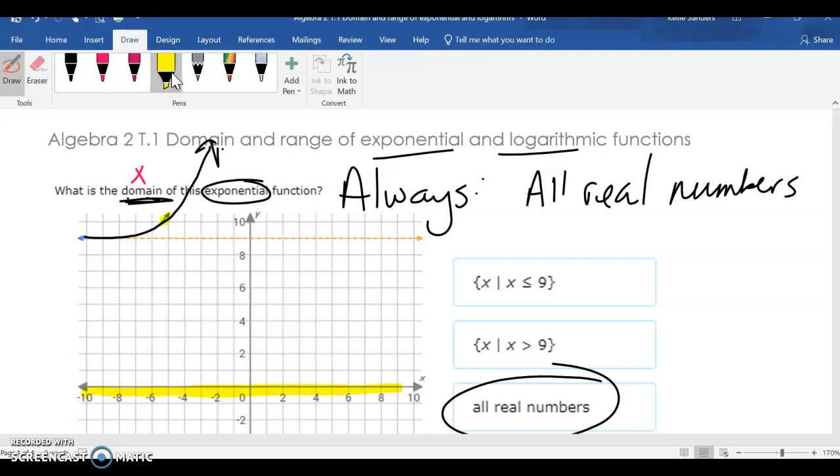So if I can go here, I can keep on going to the left. It's just going to get a little bit smaller and smaller and smaller. And I can go here, and I'm always going to the right. I'm not worried about up and down when it's talking about domain. I'm talking about left and right, and those arrows always keep on going. So for domain of exponentials, it's always all real numbers.